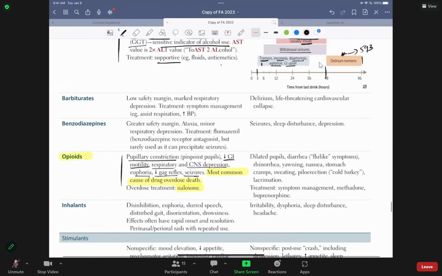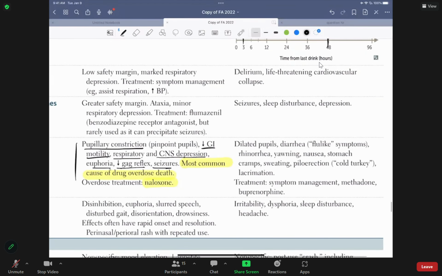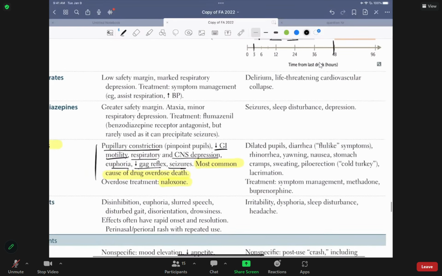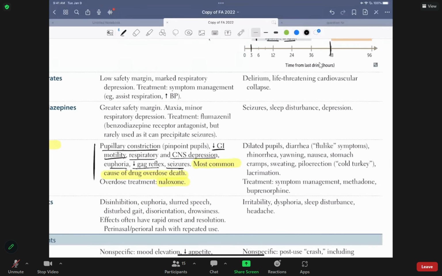Let's take a look at what happens when they're in withdrawal. See, if you know this symptom, you're going to go opposite. Here it's a pupillary constriction, miosis, but here it's going to be dilated pupil. That's mydriasis. Is that clear, folks? So opposite, okay? And diarrhea, flu-like symptoms. This is what I tell. If you see a patient who has all the flu symptoms, but it's not a flu season, most likely that's an opioid withdrawal.